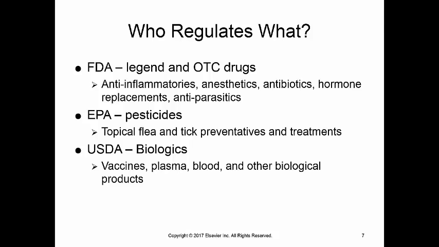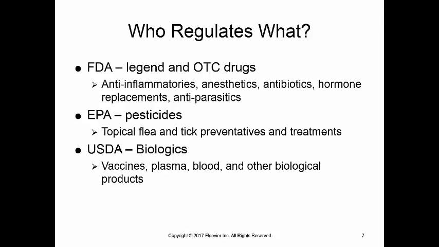So these are things like anti-inflammatories, like Previcox or carprofen, anesthetic agents like xylazine and ketamine, isoflurane gas, antibiotics, so amoxicillin, penicillin, gentamicin, hormone replacements. And things that are antiparasitics are different types of what people call dewormers, or properly known as anthelmintics.